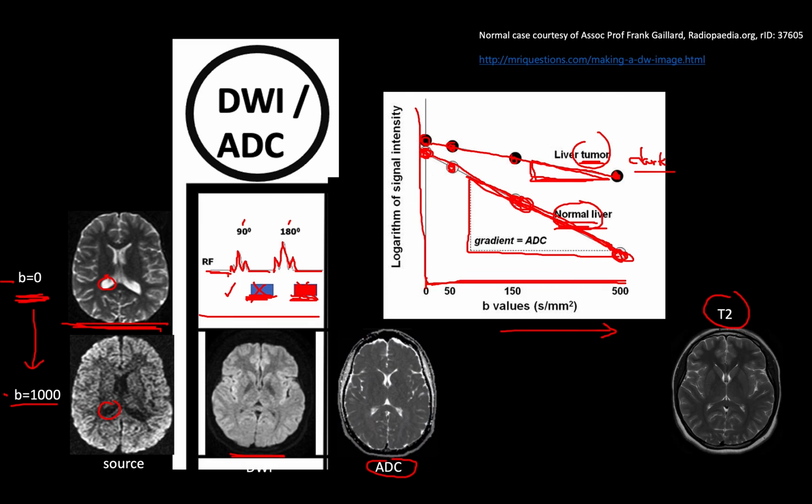But understanding this general principle of what normal and abnormal would look like on increasing B values is helpful, because we're also going to see DWI and ADC sequences in MRI examinations of other parts of the body and for different types of lesions.